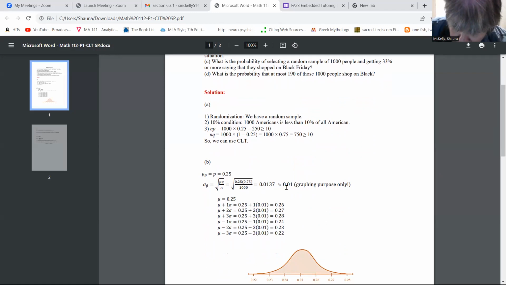So you want to use 2 decimal places here. This is all the arithmetic for you. Remember, your mean, your mu of p hat is 0.25. So you're going to go 0.25 plus 0.01, that's going to be 0.26, 0.27, 0.28, and then you're going to subtract it.